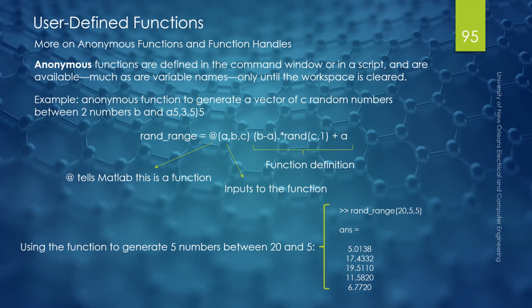So in any case, you can see here that we're defining an anonymous function called rand_range that takes three inputs, A, B, C, and it does this. It computes what we want based on this function, but it does it in one step, as you can see.